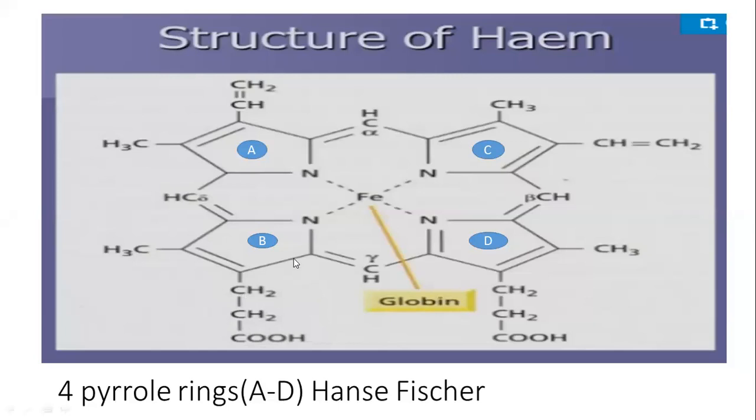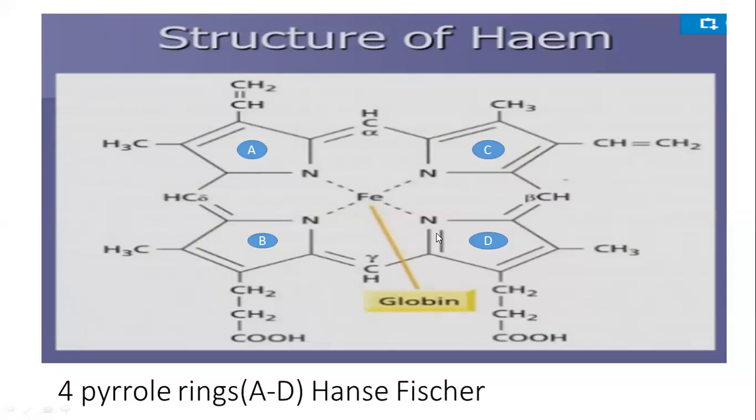There are rings here labeled or designated A, B, C, and D. These rings come together and get bound by nitrogen, and in the middle of this ring is iron. This iron is important because it is essential for the binding of the globin. When you have the globin binding to iron at this particular position, you end up with hemoglobin.